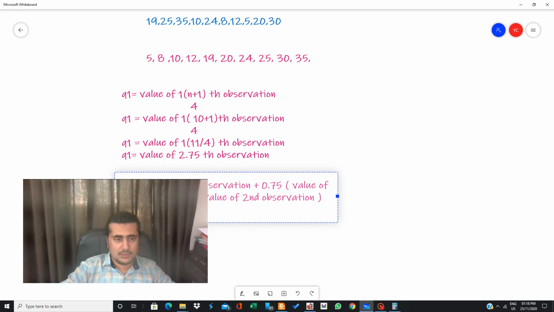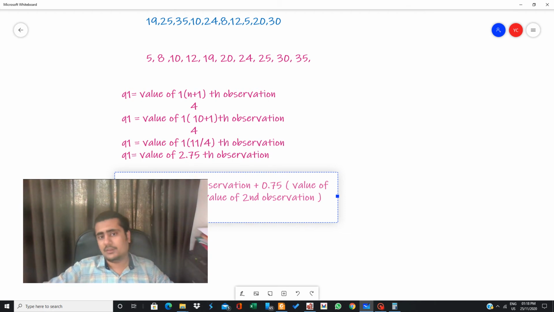Now what is value of second observation? You have to see from the series which we have arranged in ascending order. Your second observation is 8.